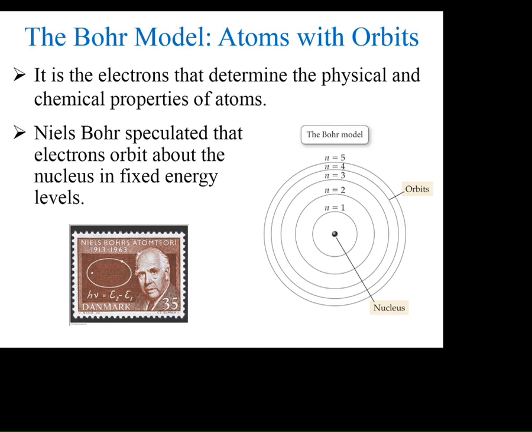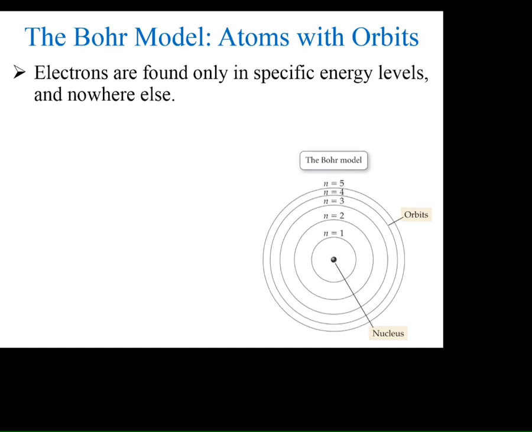So his proposed model was more like our solar system, right? Where the planets have certain fixed orbits. They're not just wandering all over the galaxy wherever they want, but they're staying in certain orbits around the sun in our case, and around the nucleus for electrons. So that was his speculation, but he didn't really have any proof for that yet.